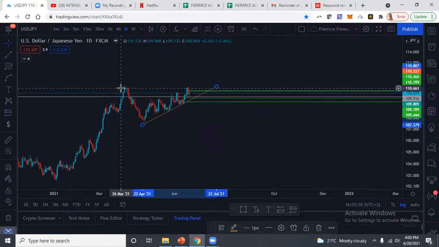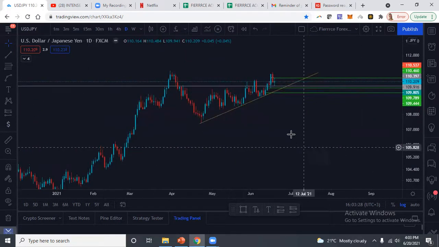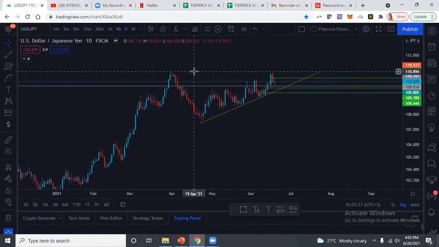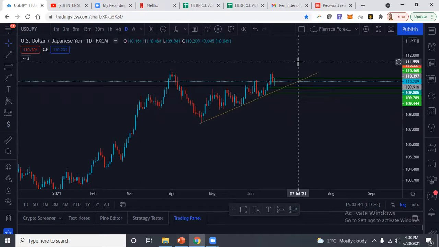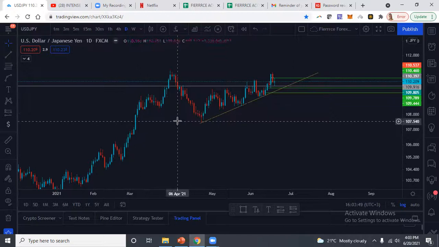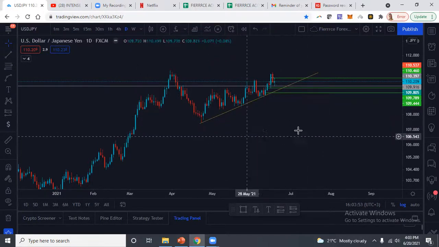We retested a previous level of structure up here, so failed to break that previous high, and are inside this zone. Let me just see. Yeah, we are inside this zone. We may push lower, but we are still looking bullish on USD JPY. Generally, we're looking more bullish on UJ than we are on the other USD pairs like EU, gold, and so on and so forth.